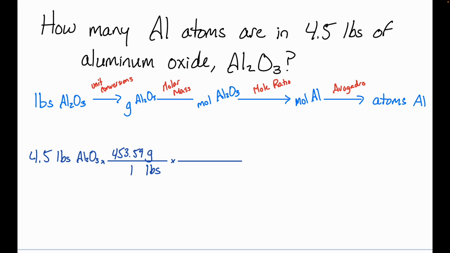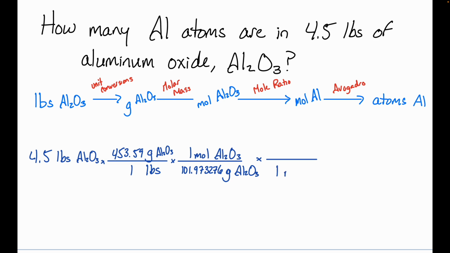Okay, now that I'm in grams of aluminum oxide, I'm going to use my molar mass. I had to calculate that from the periodic table. That's 101.973276 grams of aluminum oxide in 1 mole of aluminum oxide. And then the one that is the most deceptively simple to set up, and yet people tend to forget about it the most, the mole ratio.